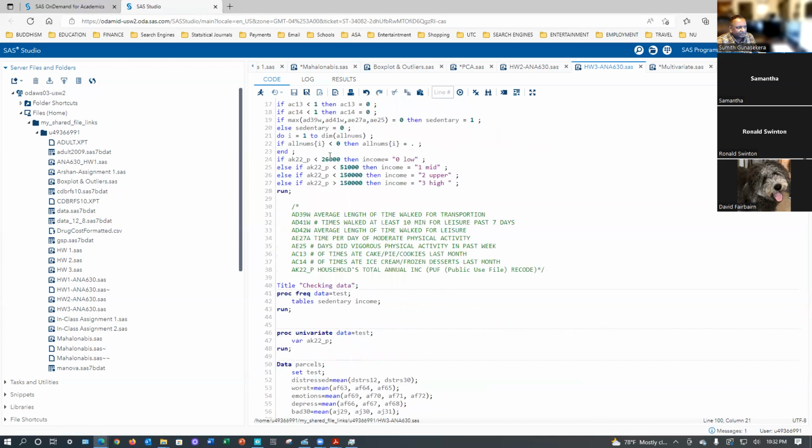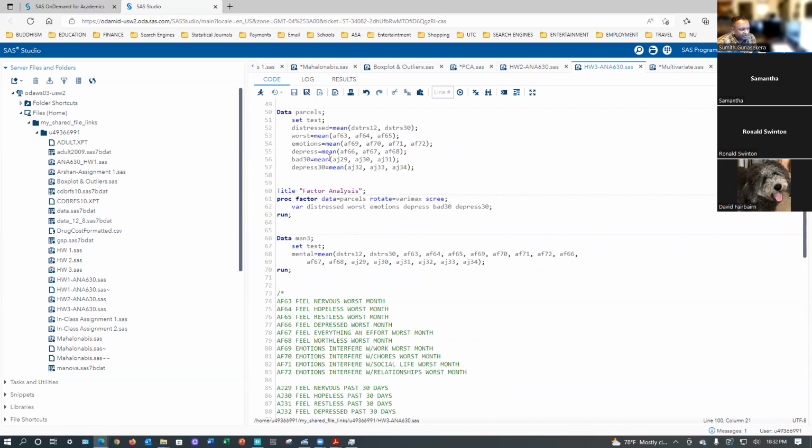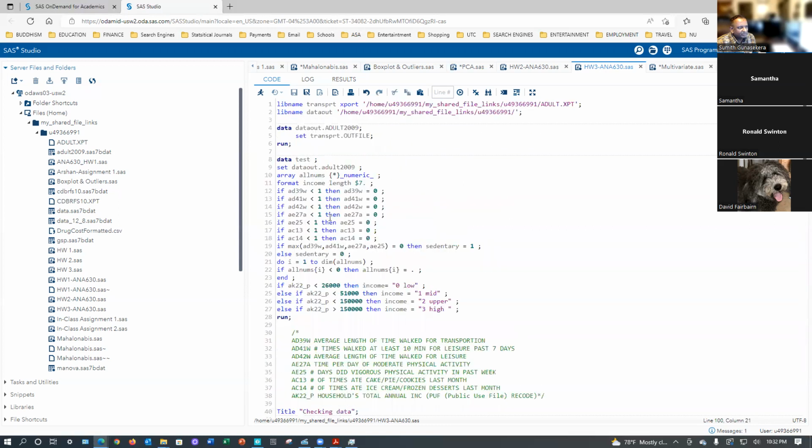So give me a little bit. I'm going to run this one. I don't need a factor analysis, but I keep that one over there too. Let's see.